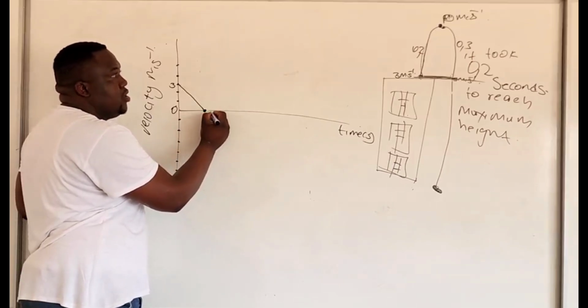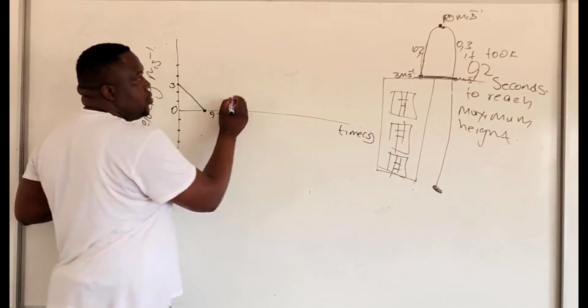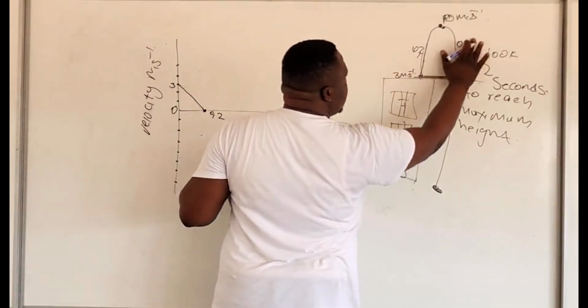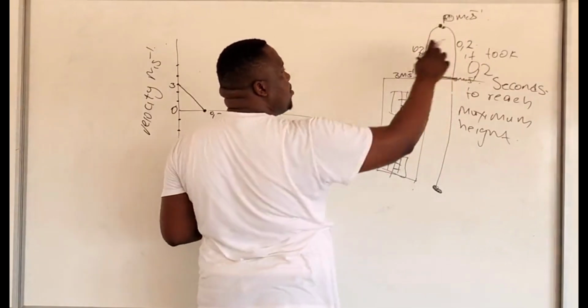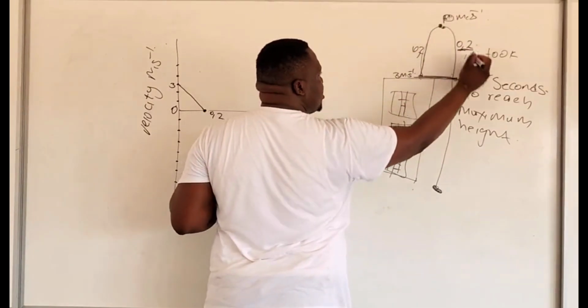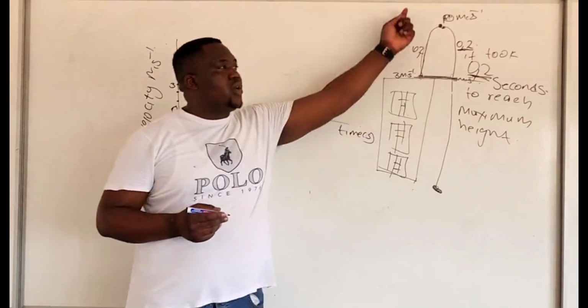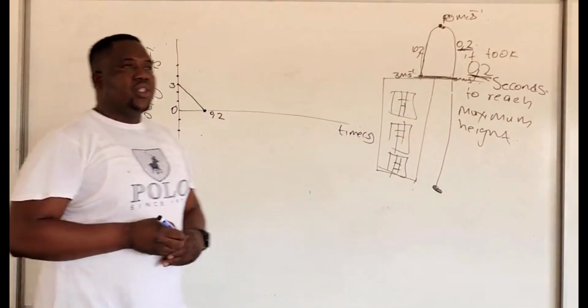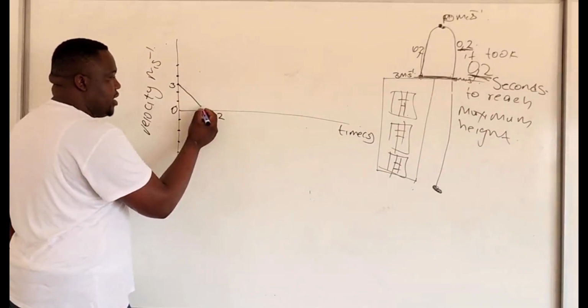It took 0.2 seconds. Yeah, it took 0.2. If I happen to say 0.3 initially, it was a mistake. You can see I said 0.2. So since going up will take 0.2, if you're coming down, you take 0.2. So it took 0.2. Then let us see.